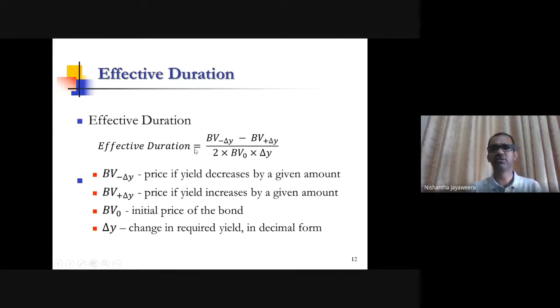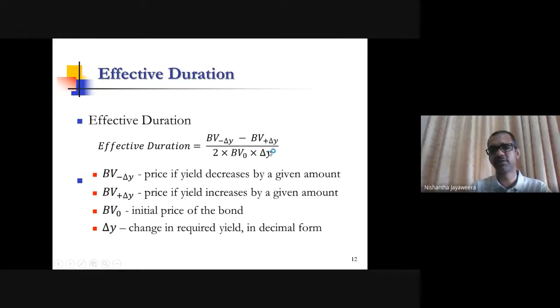Here what we do is simply this. BV naught is the current, initial price of the bond. Then there is a small change in yield, say 25 basis points or 50 basis points. Then we calculate the new price: what would the price be if the yield increased by this amount?